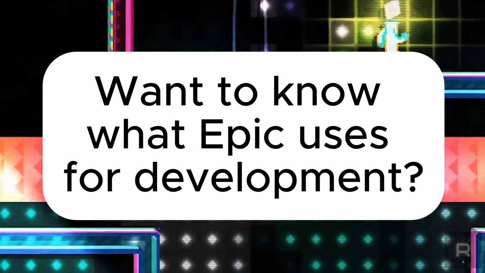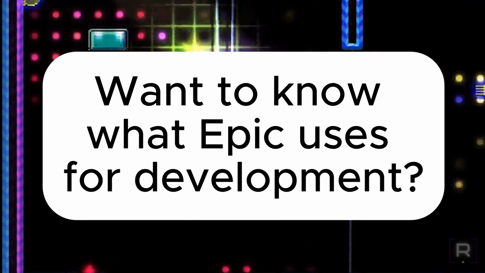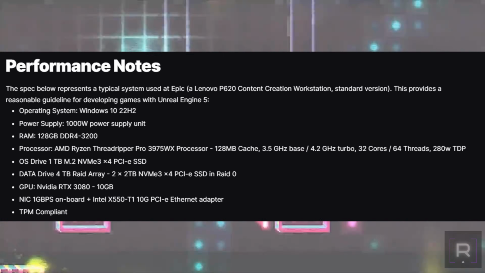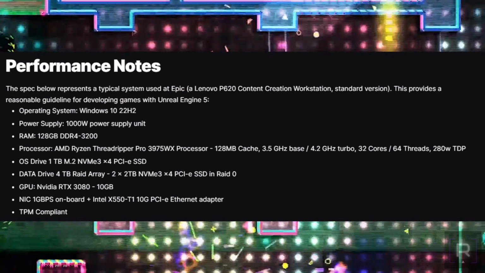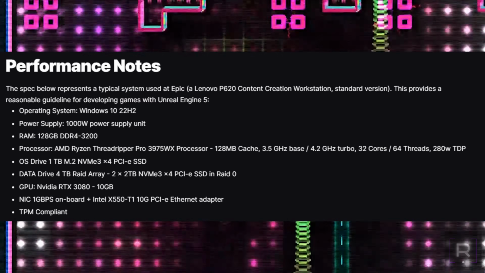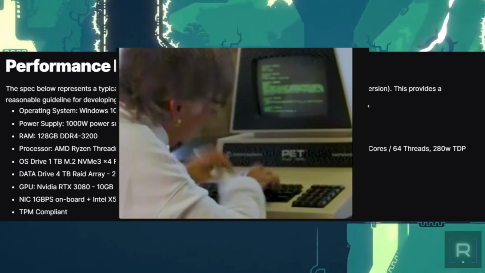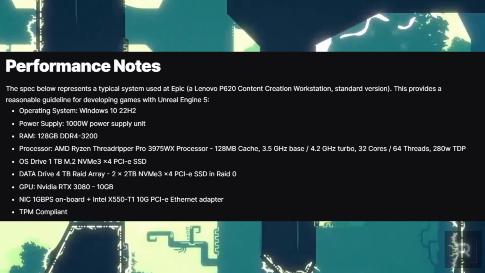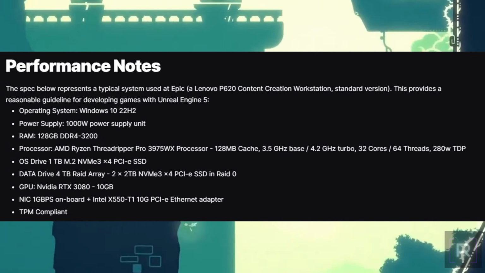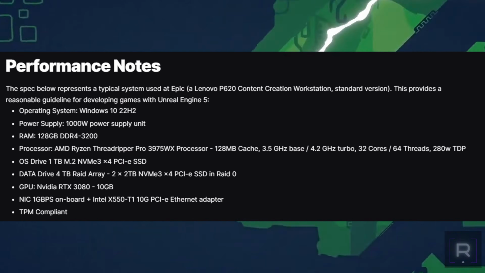Moving on to the next tier, Unreal has now released the spec list for a typical system used by the Epic team themselves. It is important to keep in mind that this system is used to actually develop the engine and all of its features, meaning it's way more powerful than what a beginner or an intermediate developer will need. So while it's great to have it for reference, you likely won't need something quite this intense. So take this information with a grain of salt.